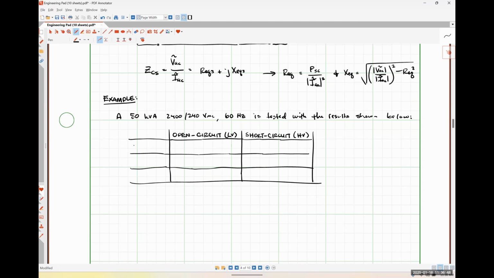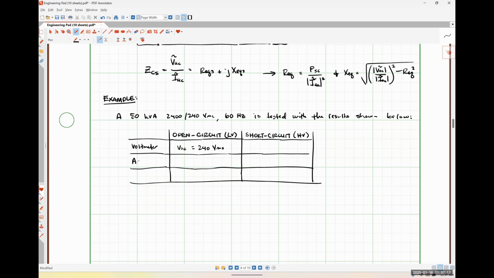All right, so let's say that our voltmeter measured an open circuit voltage, VOC, of 240 volts RMS, which should make sense because that is the rated low voltage. And for the open circuit test, we apply rated voltage.